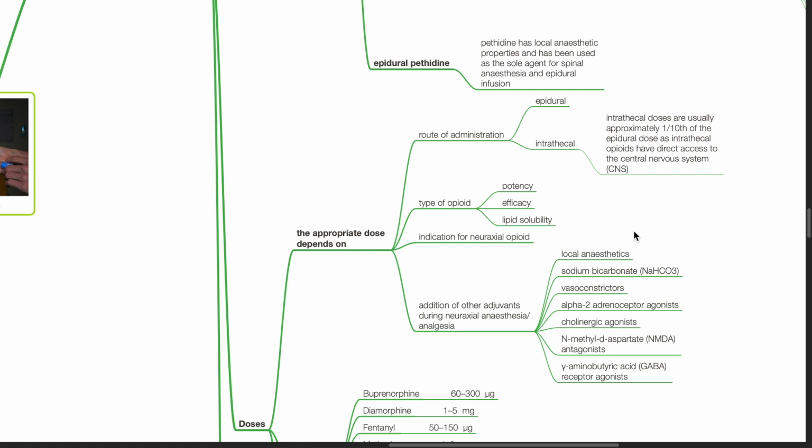The dose also depends on the type of opioid, potency, efficacy, and lipid solubility, the indication of neuraxial opioid, and whether other adjuvants are added during neuraxial anesthesia or analgesia, such as local anesthetics, sodium bicarbonate, vasoconstrictors, alpha-2 adrenoceptor agonists, cholinergic agonists, NMDA antagonists, or GABA receptor agonists.